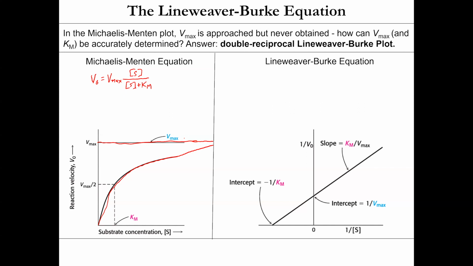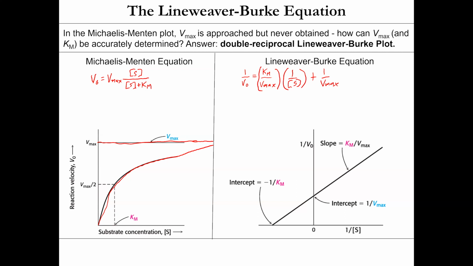So instead of V0, we have 1 over V0 equals Km over Vmax times 1 over the substrate concentration plus 1 over Vmax. So this is a double reciprocal equation of that Michaelis-Menten equation.